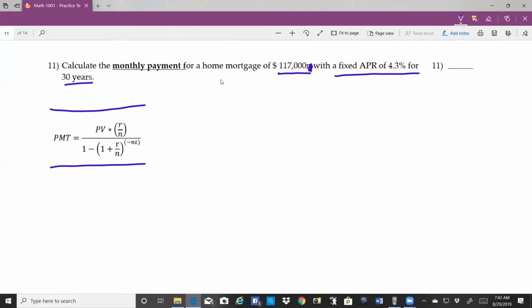The present value, in other words, the mortgage on the house, will be $117,000. The interest rate is 0.043. The time period is 30 years.